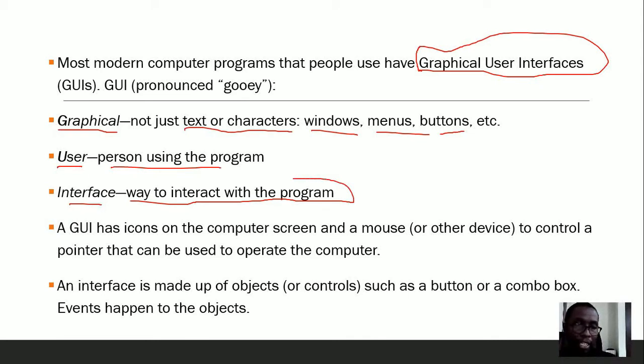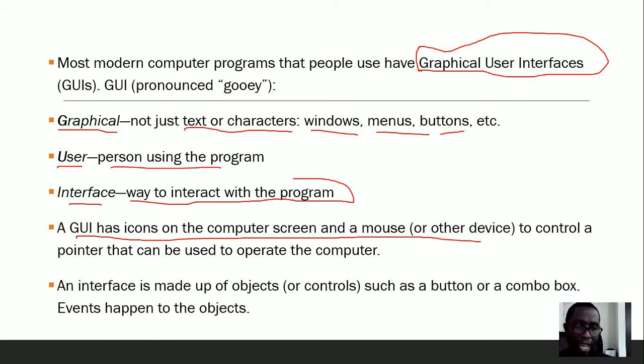So a graphical user interface is like a user trying to use a program through an interface which is graphical. Now, a GUI has icons on the computer screens and a mouse and other devices to control the pointer, which are used to operate the computer. So a GUI is nothing but an interface that would appear on a screen, or that would render itself available for you to interact with the program.